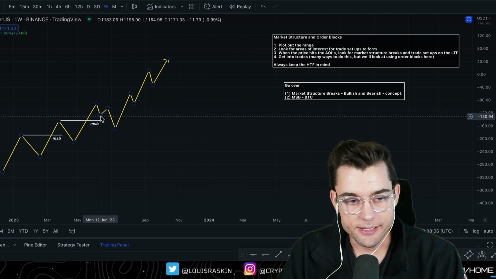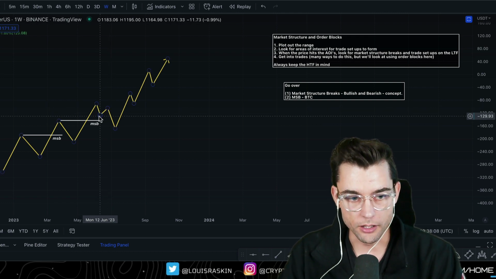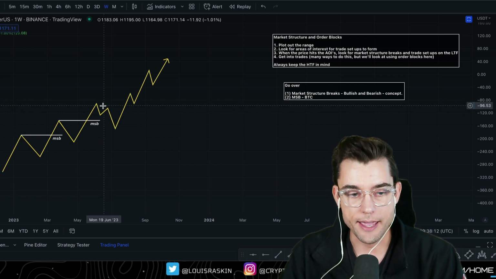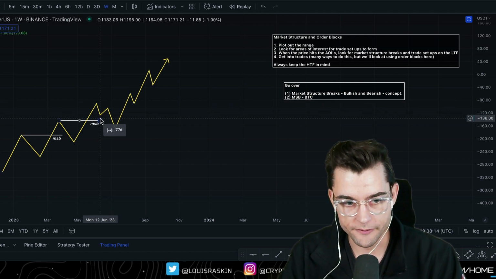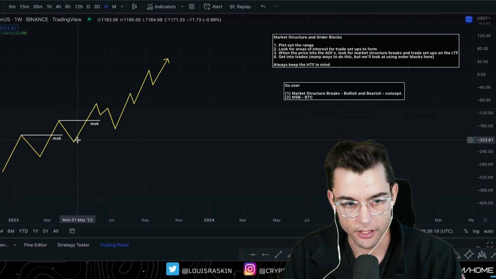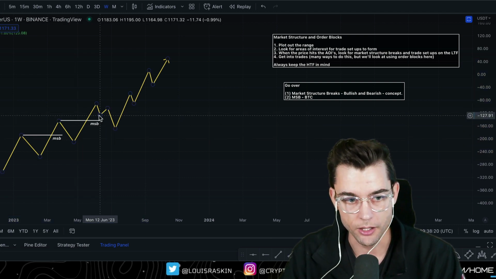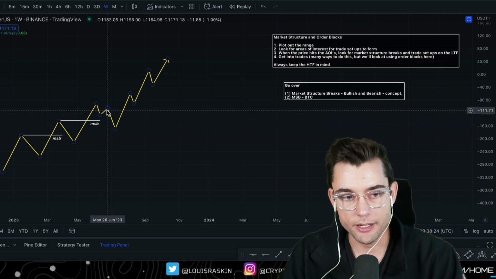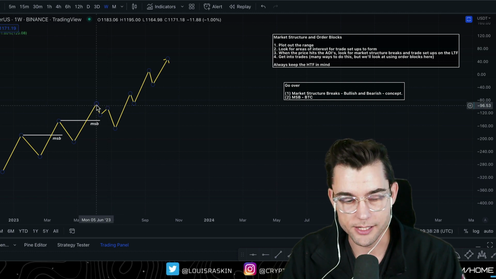Then it went down, created a higher low, a lower high, and right here, this first low is higher than this low. So obviously it's a higher low. So there's no break in the market structure. Then it created a lower high because this high is lower than this high.